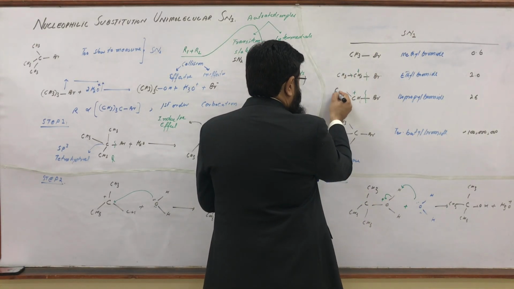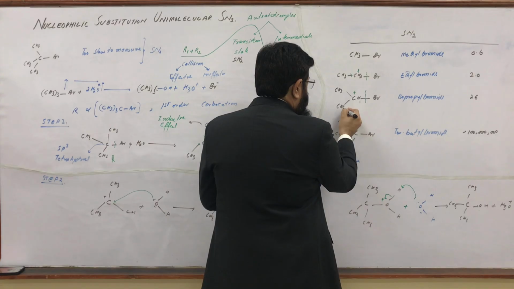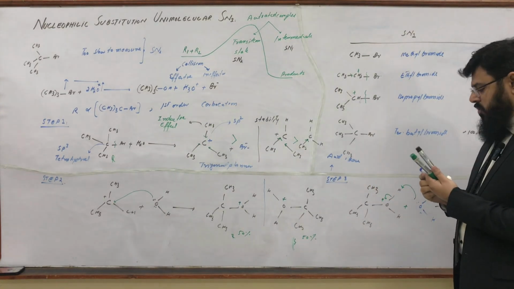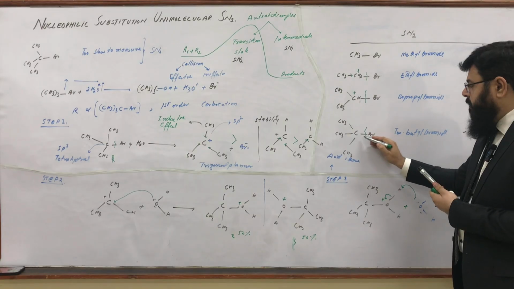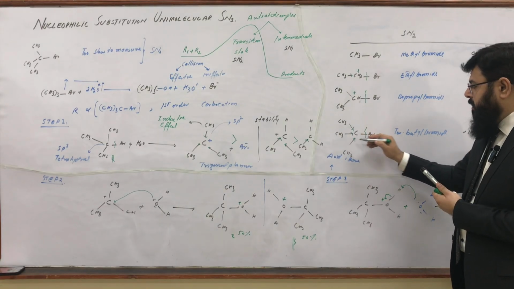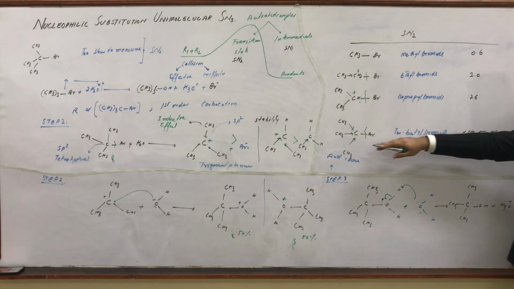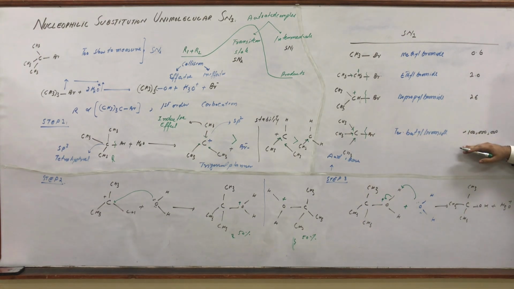So there will be a secondary carbocation, and in the last one we shall obtain a tertiary carbocation, and we can see the rate of this tertiary carbocation to undergo SN1 reaction is around 10 million.